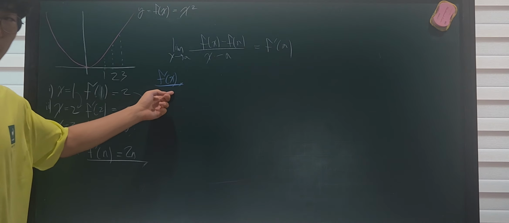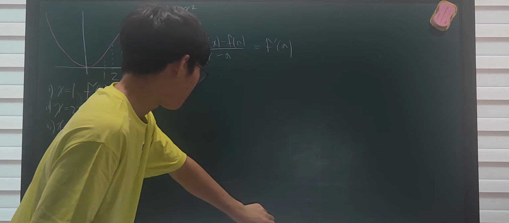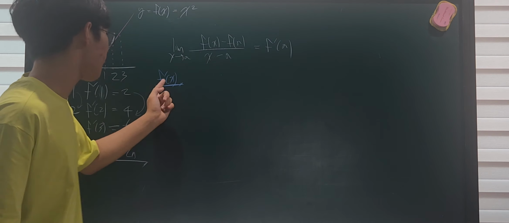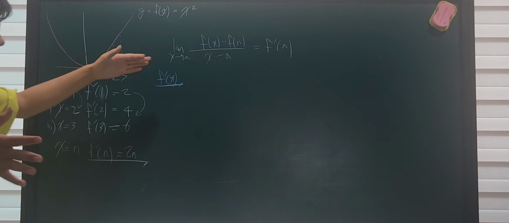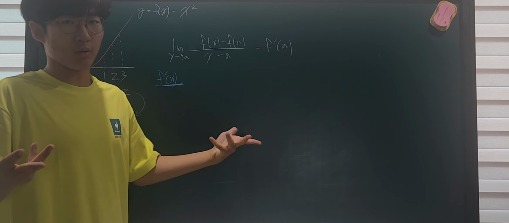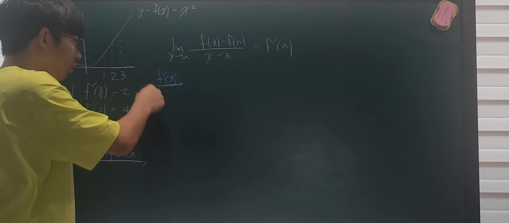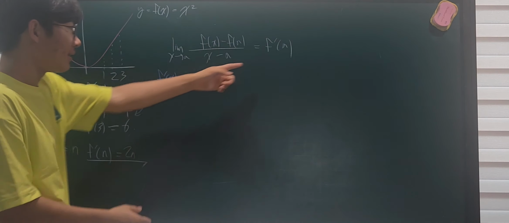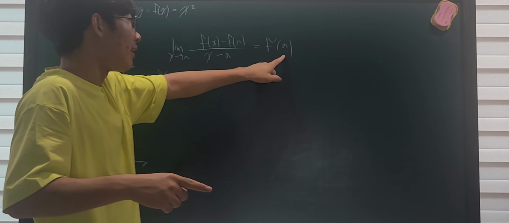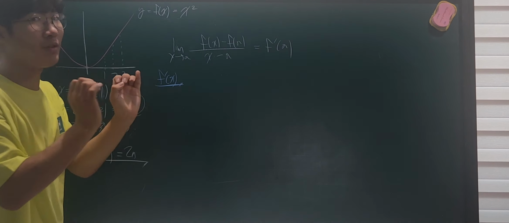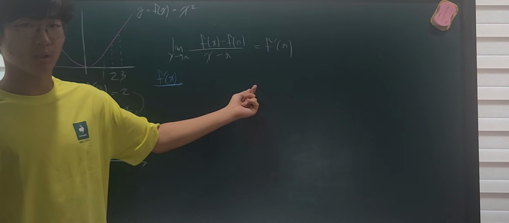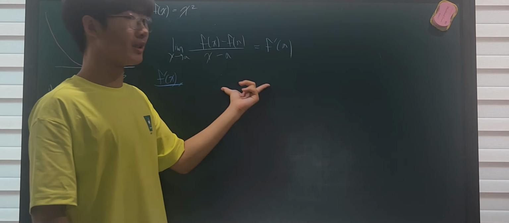When you're comparing this value with the derivative function, although x cannot be exactly equal to a when we're trying to define the instantaneous gradient at x equals a, this symbol f prime a seems like x is exactly equal to a, right? So therefore, this is kind of a nuance, a subtle difference in interpretation that these two concepts separately possess.